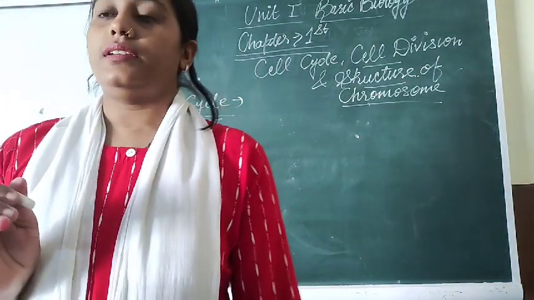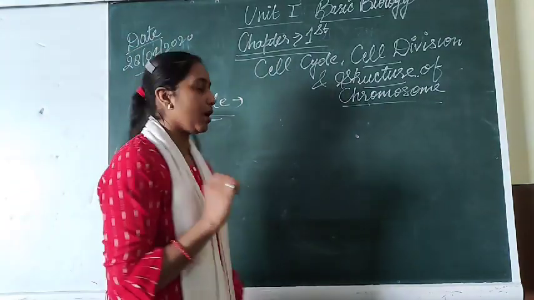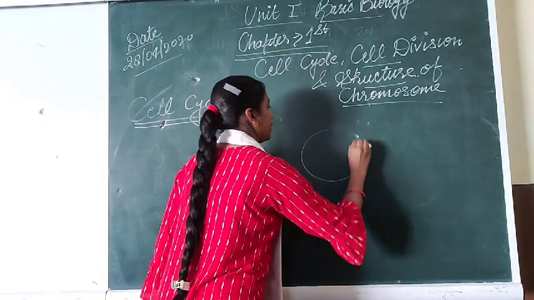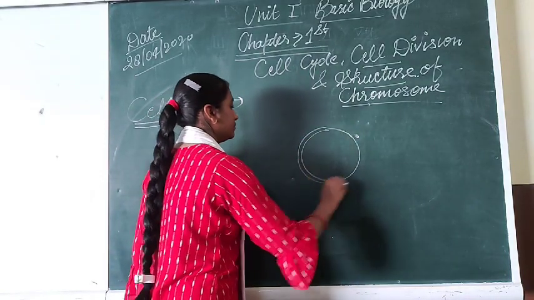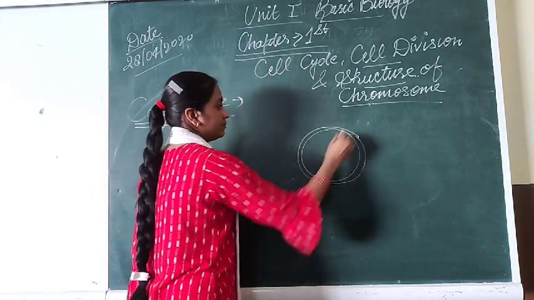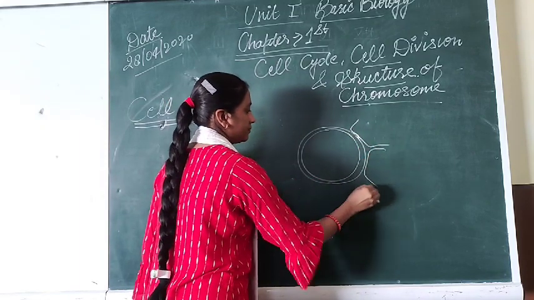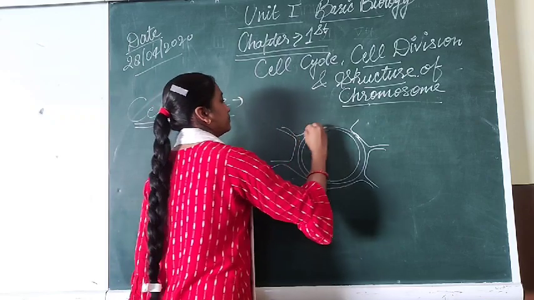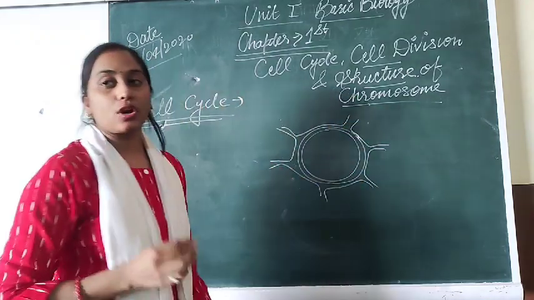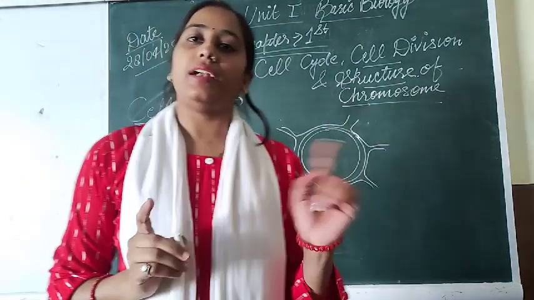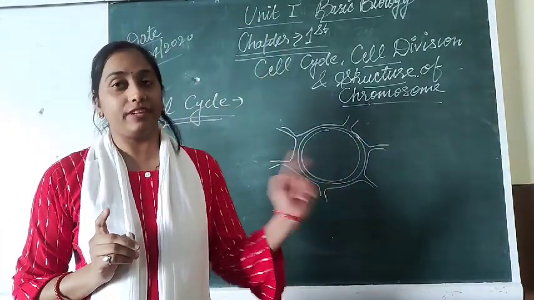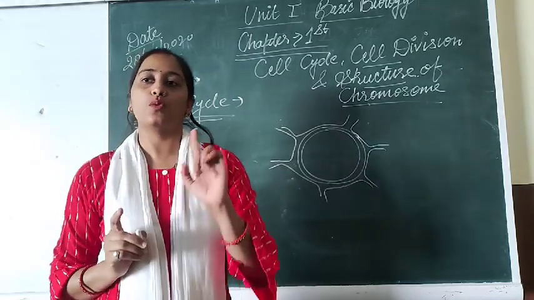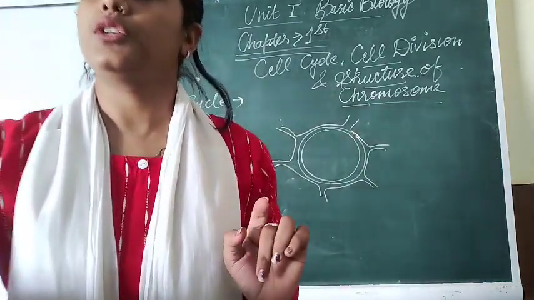In 9th standard, we have studied about the structure of the cell. We are going to continue with the topic cell cycle and cell division. What is most important to understand?